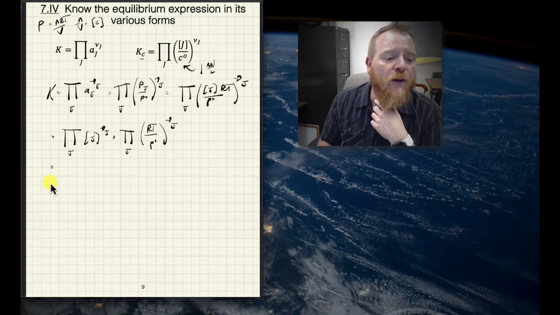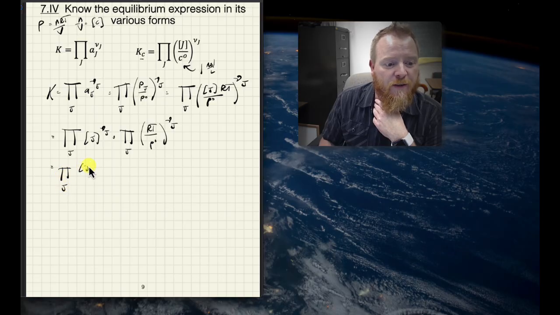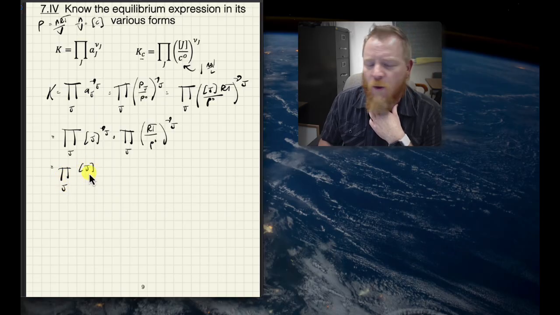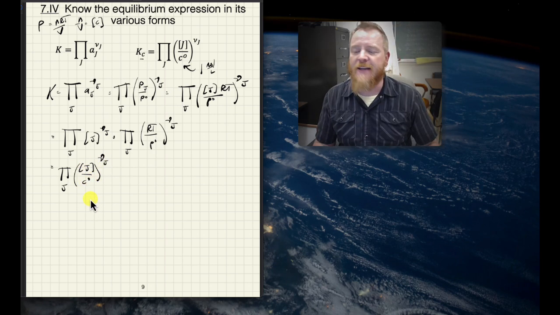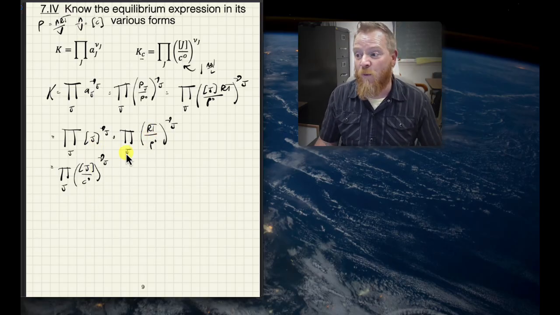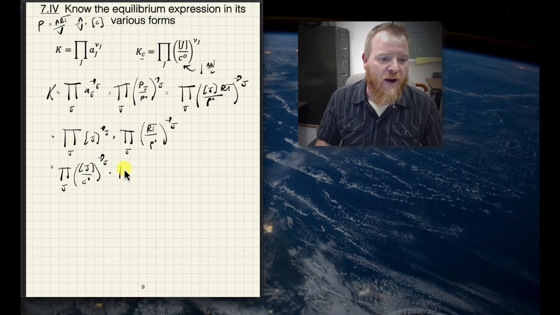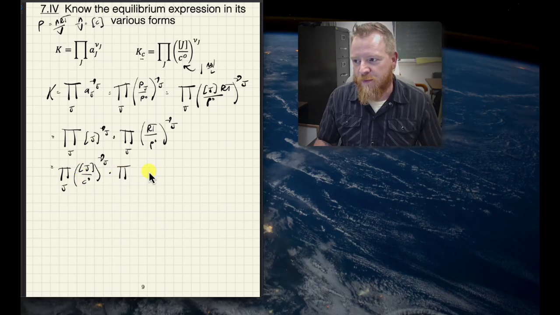Continuing along, to make this equal to Kc, I'm going to divide by the standard concentration, again to get rid of the units. But because I divided that one by standard concentration, I've got to multiply the other by standard concentration. If I divide something on one half of the equation, I have to multiply it on the other half.